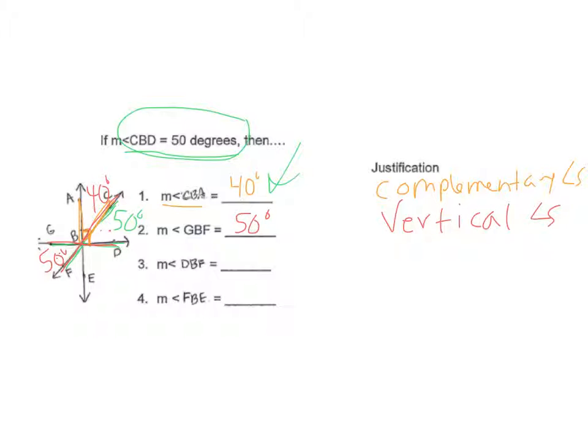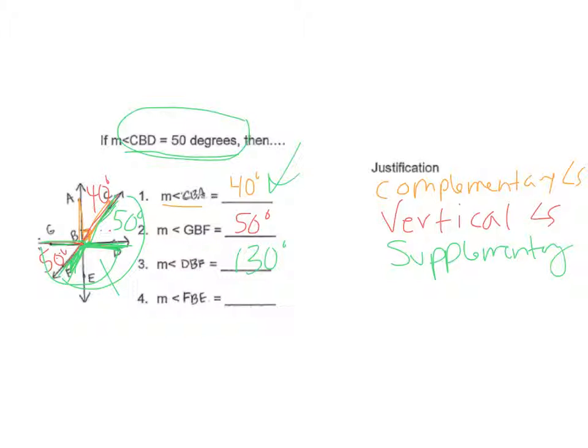And then the next question, what's the angle DBF? So trace DBF. Okay, well DBF makes a line with this and this. So lines add up to 180 degrees. So this green angle right here has to be 130 degrees because it's supplementary. It makes a line, a 180-degree angle, with CBD and GBF.